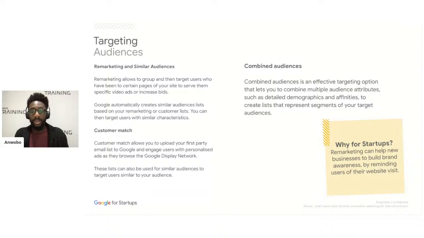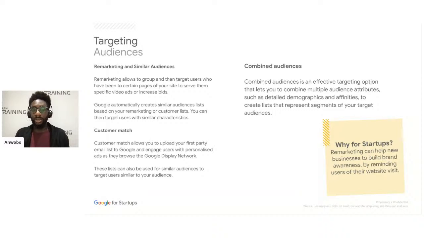So if I have a list of users who have purchased my product before, Google can give me a list of users who are similar to people who have purchased my product before. And if they have similar characteristics based on Google's information about all of their habits, I can be quite sure that those users will also be interested in my products when they see them as a YouTube ad.